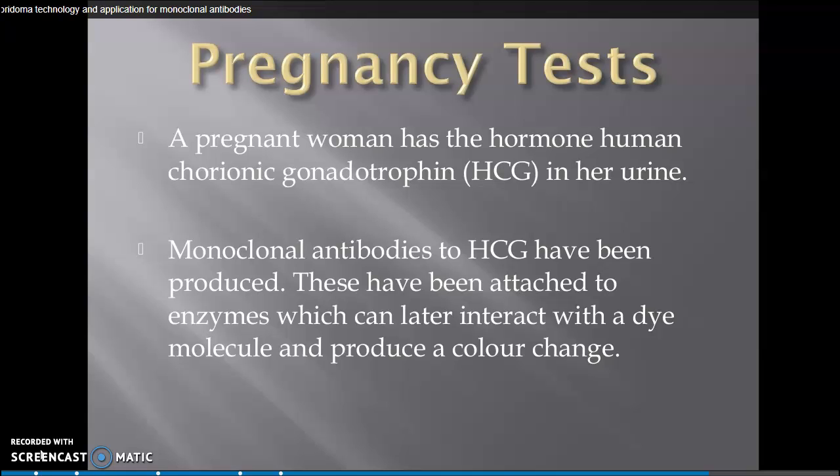This monoclonal antibody of HCG is connected with a dye too, and the dye changes its color. It becomes colored, and that shows that the person's urine has HCG present. This HCG is present only in pregnant ladies. So that is the principle used for detecting pregnancy.